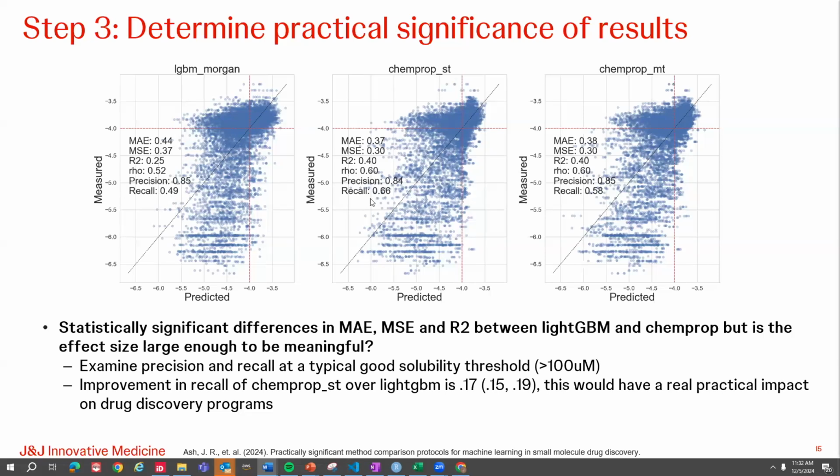This is actually a 17% increase in recall for Chemprop. So that means if you were to use this model as a filter, Chemprop would identify 17% more molecules with good solubility. That would have a real practical impact on drug discovery programs. So this is just an example of how you could demonstrate practical significance with these results.